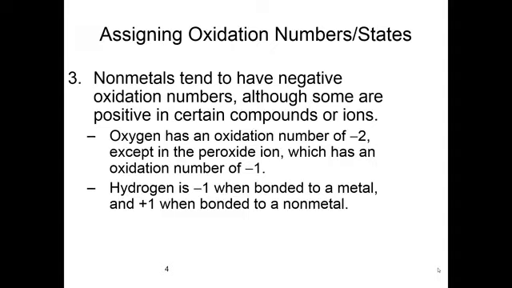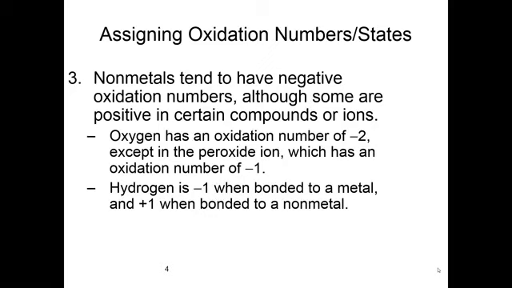Rule number 3 says that nonmetals tend to have negative oxidation numbers, although some are positive in certain compounds or ions. This rule is very general. Let's look at the specifics. The first thing you need to know about nonmetal oxidation numbers is that the oxidation number of oxygen is almost always -2.